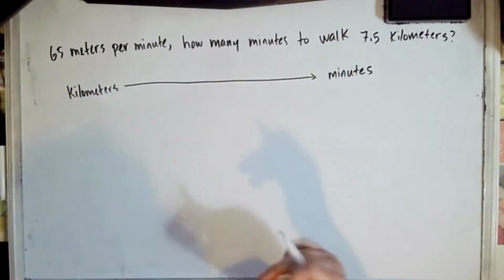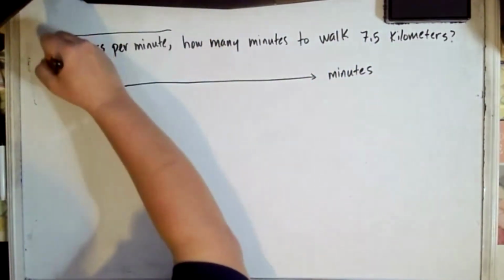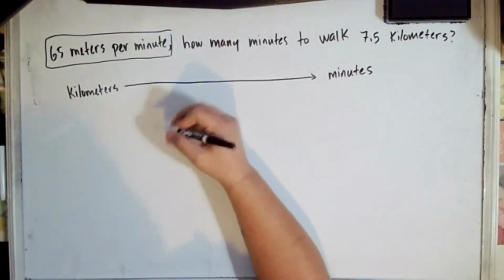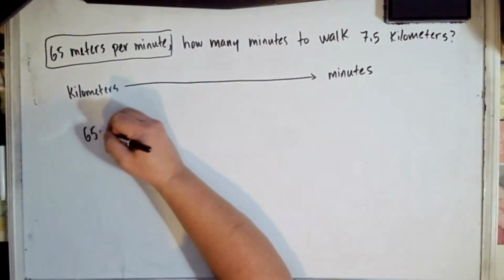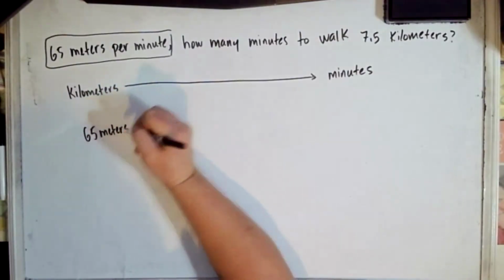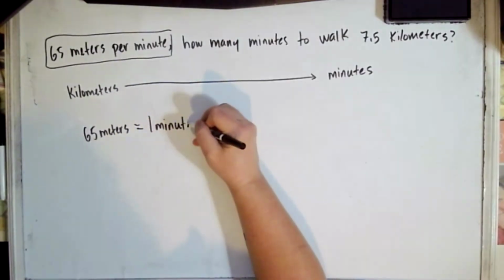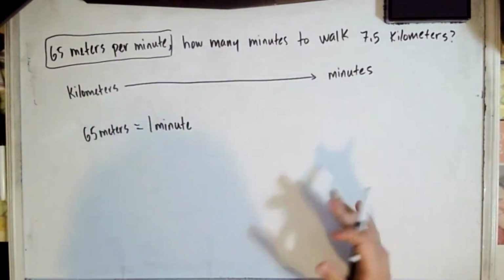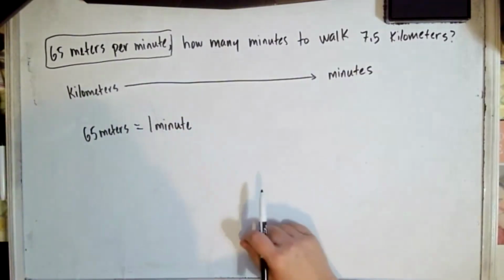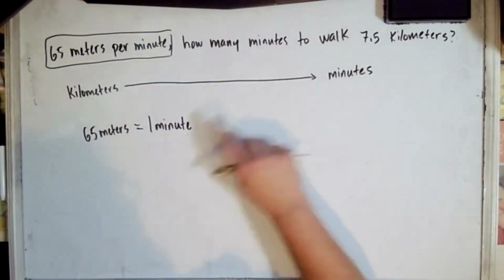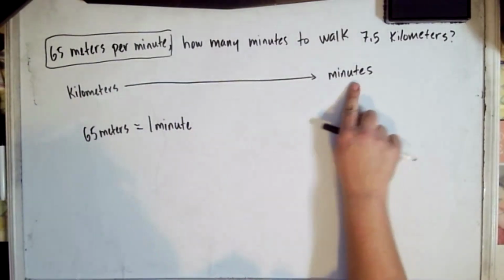Okay. The conversion factor that they gave us here is this one, saying that we can go 65 meters in every 1 minute. Or I should say that's the equality that they gave us that we can turn into a conversion factor. So that's good. We have a unit of minute here. We have the unit of minute here. Those match.